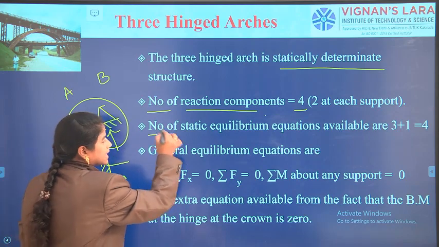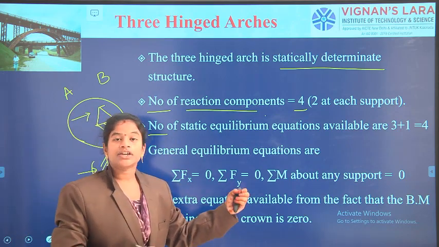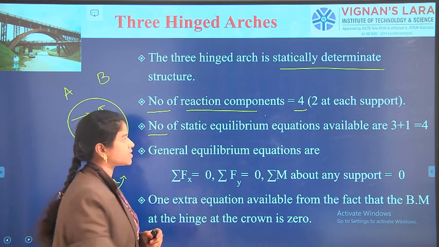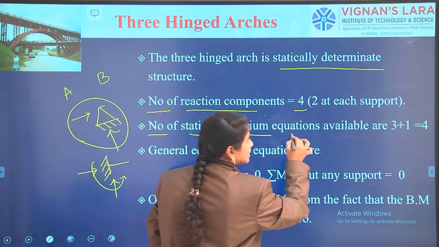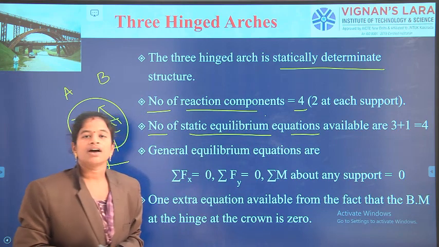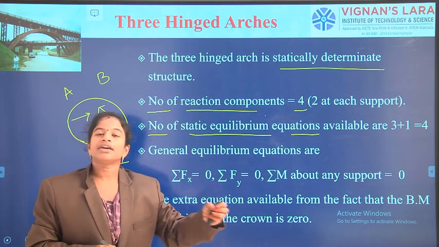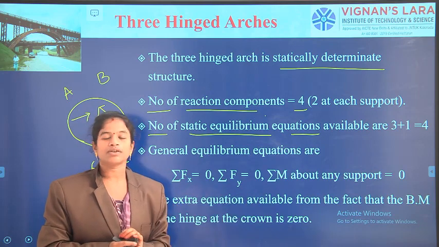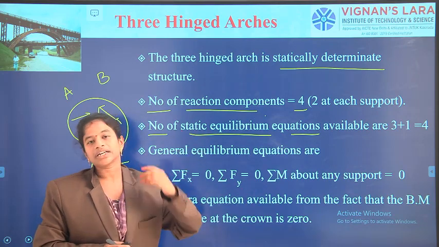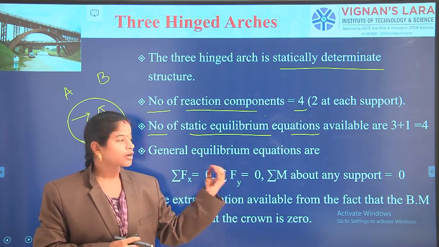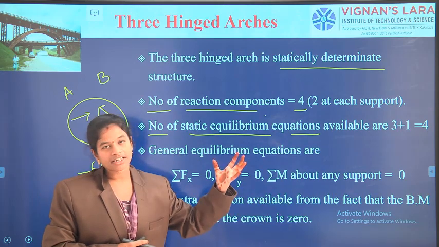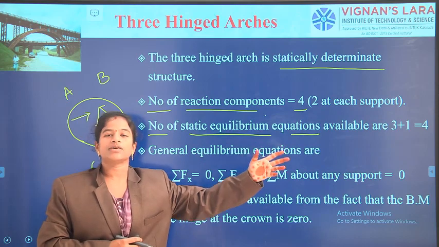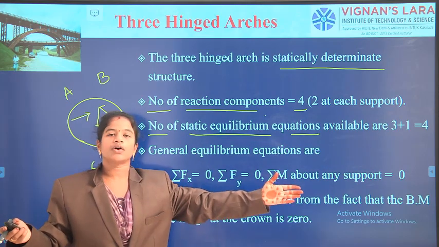Next, counting the available static equilibrium equations. What are the general equilibrium equations available? Sum of all the horizontal forces is equal to 0. Sum of all the vertical forces is equal to 0. Clockwise moments equal anti-clockwise moments, or the moment about any support is equal to 0, either on the left or on the right.